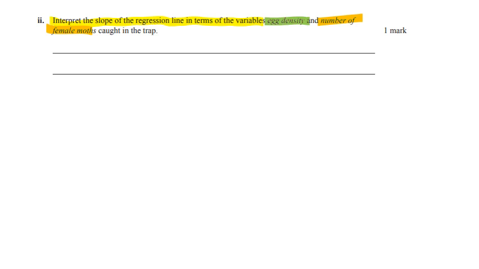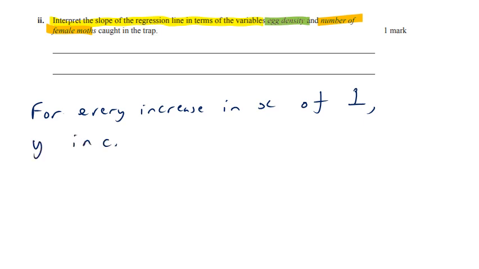So these are very formulaic answers. You just need to get a formulaic sentence pattern. So your basic sentence patterns could be, there are many variations on this theme: for every increase in x of 1, y increases by m.